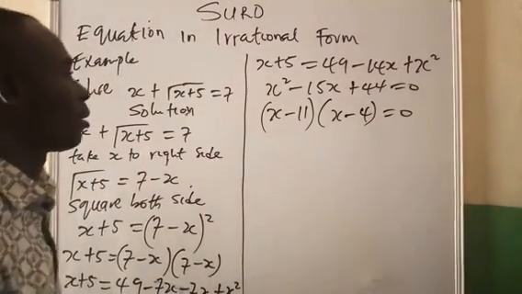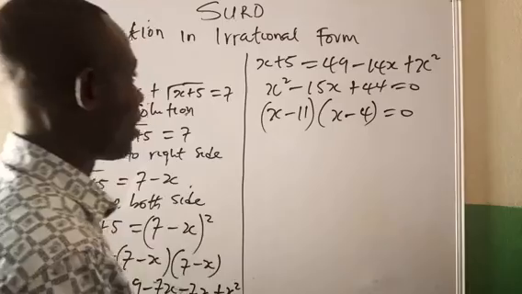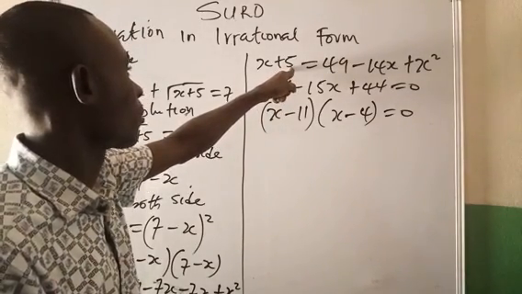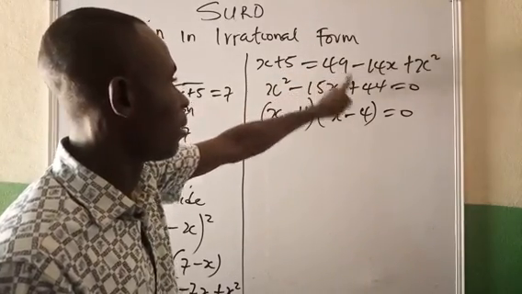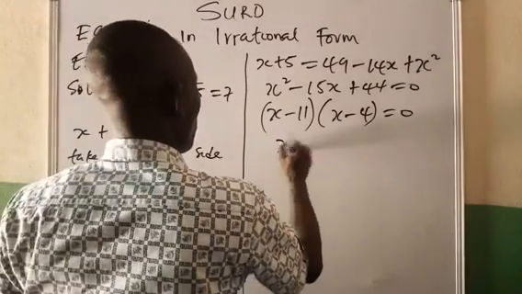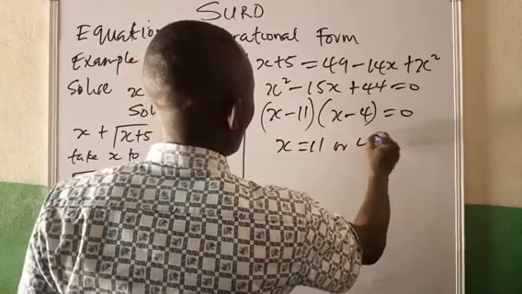Let's look at it. Minus 11 times minus 4 will give us 44. Remember that when we brought 5 to this other side to subtract, we have 44. So your s will be equal to 11 or 4.